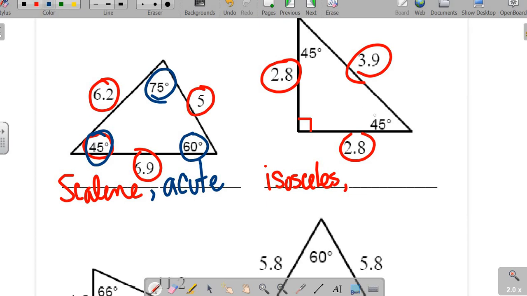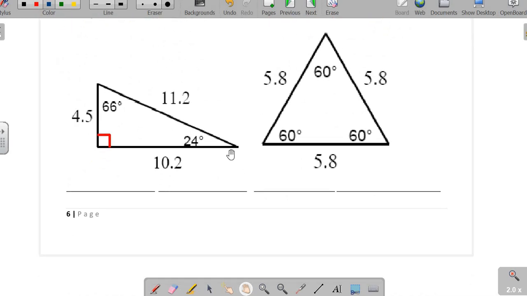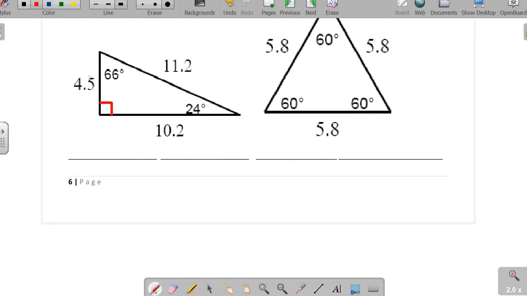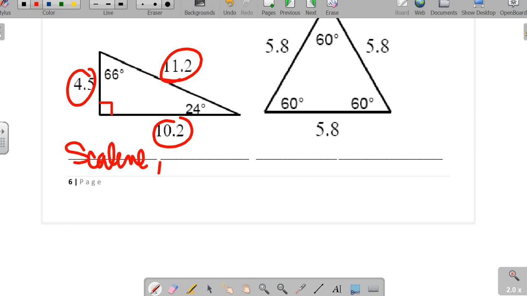Look at the angle. We have a right angle, so we'd call that an isosceles right triangle. Down here, looking at the sides, all the sides are different, so again, that is scalene. And we do have a right angle, so that is a scalene right triangle.